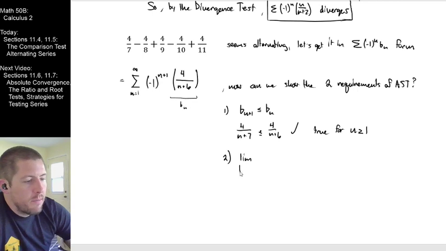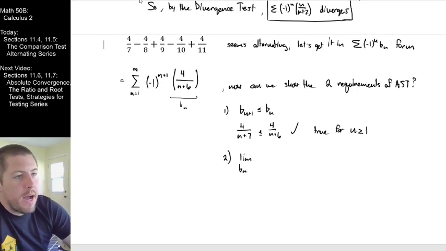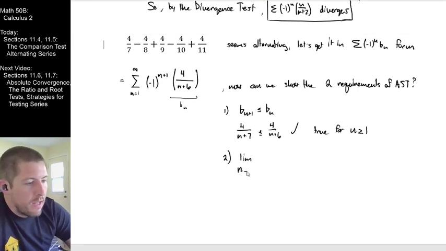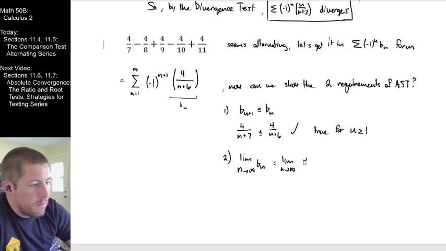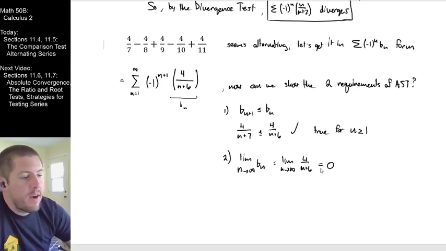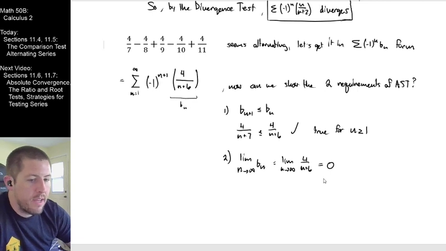And can we see the limit of b sub n? Oh my gosh. Are you kidding me with these freaking limits down here? Let me write one like a normal person. Hopefully you can also see that this one very clearly is going to 0, since the only n is in the denominator, and it gets really big.